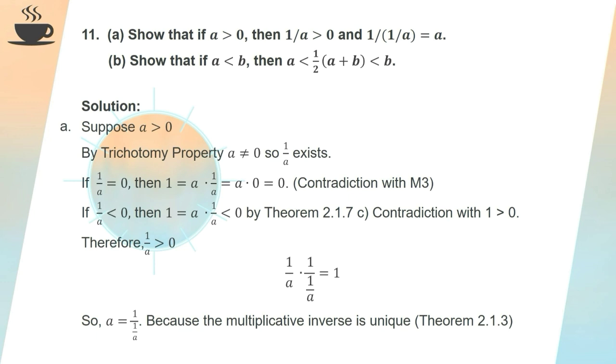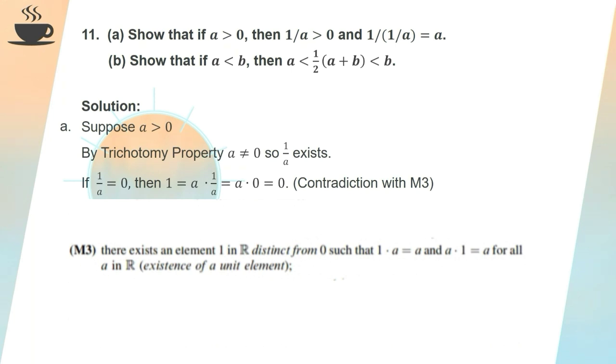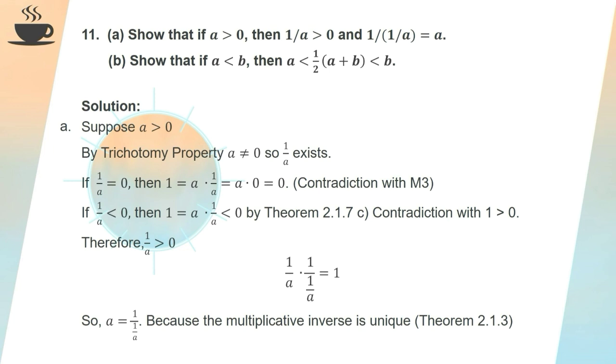This contradicts M3, which says there exists an element 1 in R distinct from 0 such that 1 times a equals a and a times 1 equals a for all a in R. Next, if 1 over a less than 0, then we have 1 equals a times 1 over a less than 0.